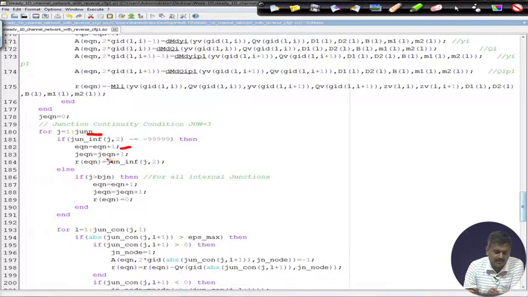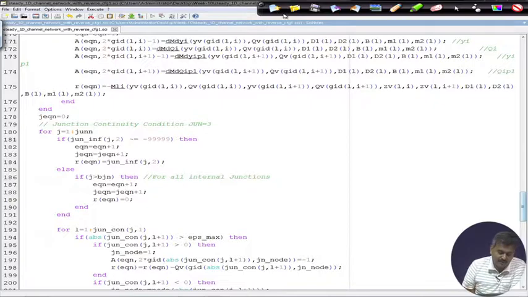This is the junction equation number, and R equation number equals to junction information J2. That means we are directly specifying R, or the right hand side, equal to that specified value.